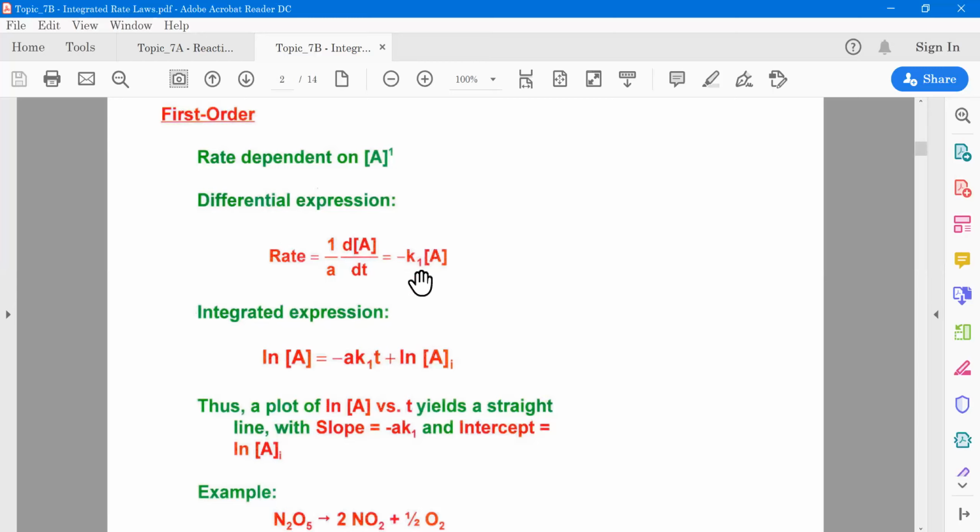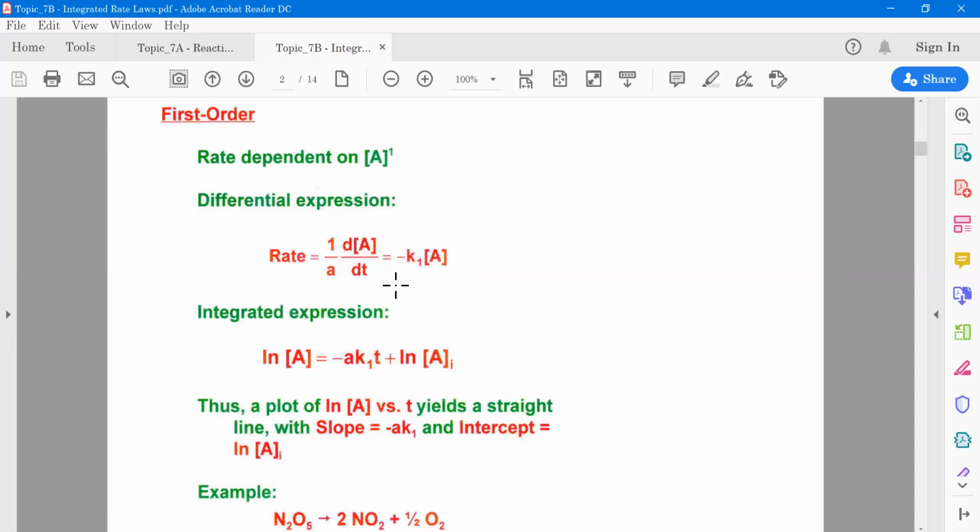So if we integrate that by separating the variables again, put the dt over on the right and the A on the left under the dA, we've now separated the variables. We have A on the left, t on the right. So the integration is very simple. The integration of dA over A is simply the log of A, as we know from elementary calculus.